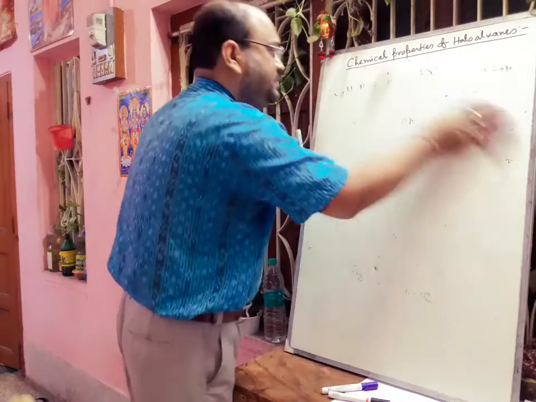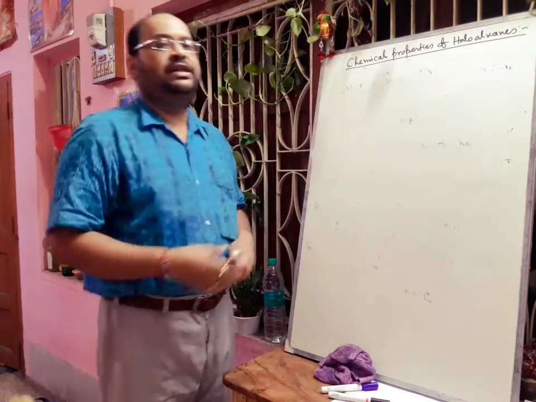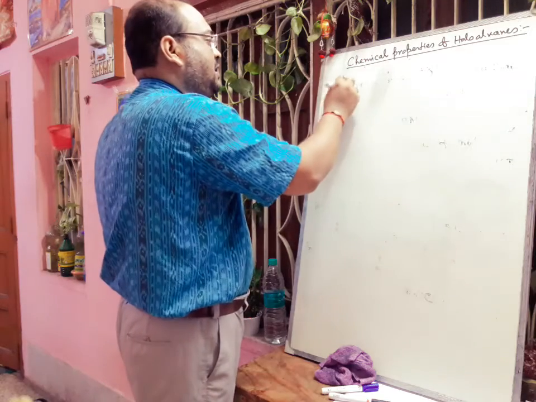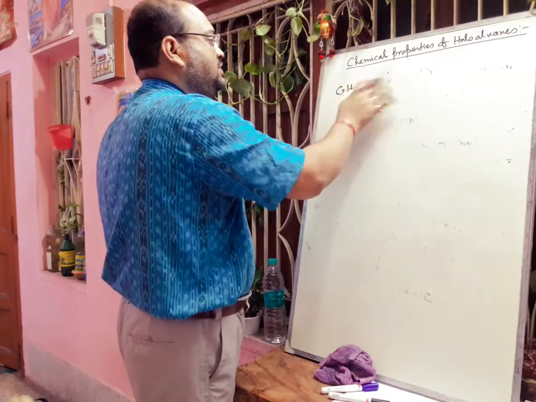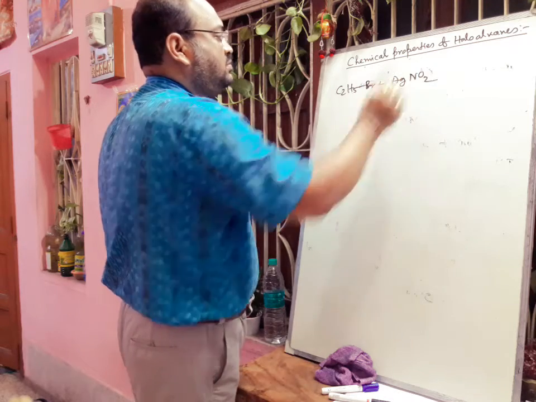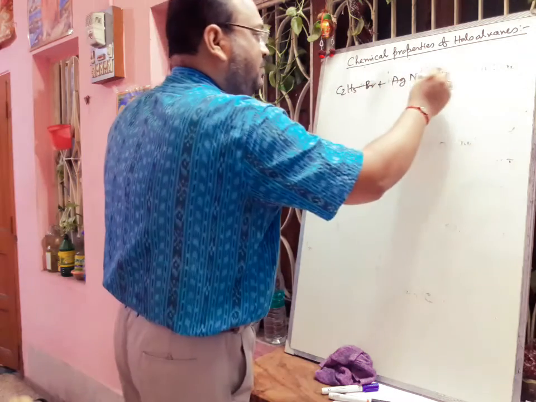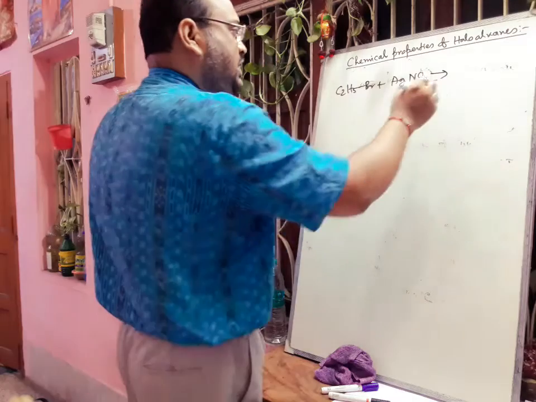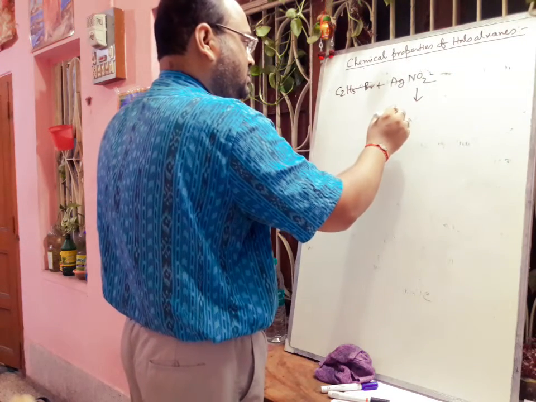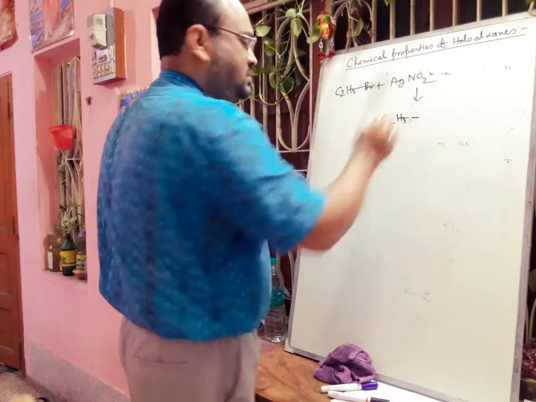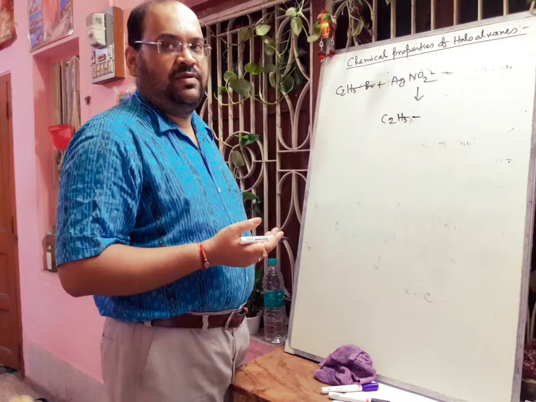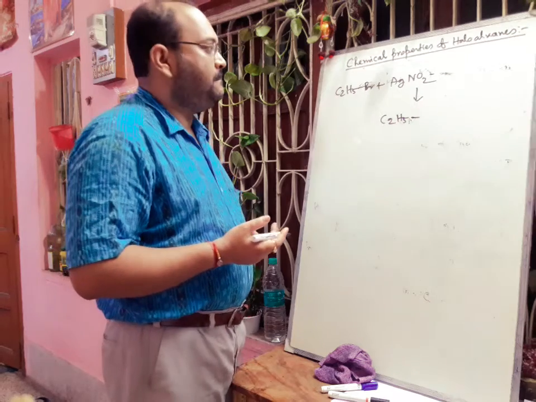Next example, if we take silver nitrite, C2H5Br plus AgNO2, in this case we will get the product C2H5NO2.